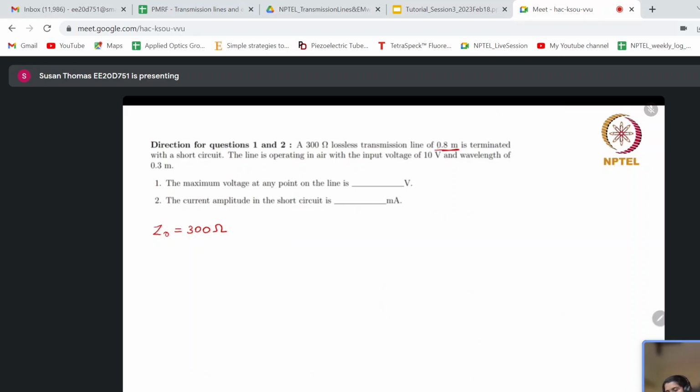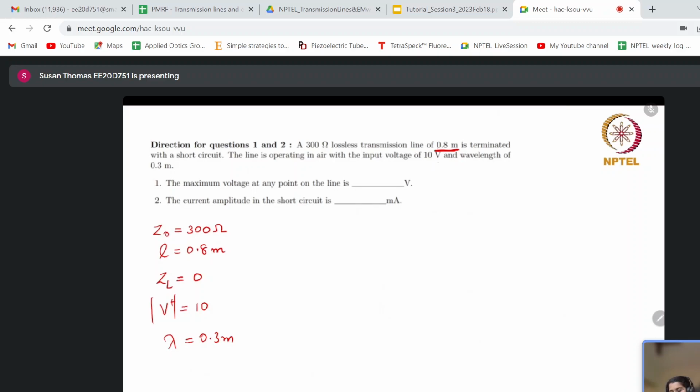The line length is 0.8 meters and it is terminated with a short circuit, which indicates that the load ZL is equal to 0, and the line is operating in air with the input voltage of 10 volt and wavelength of 0.3. So the input voltage is 10 volts, the maximum voltage or amplitude is 10, and the wavelength lambda is 0.3 meters.